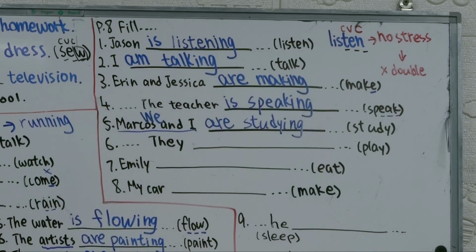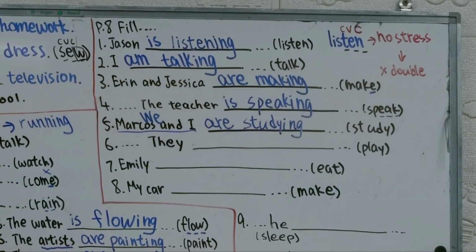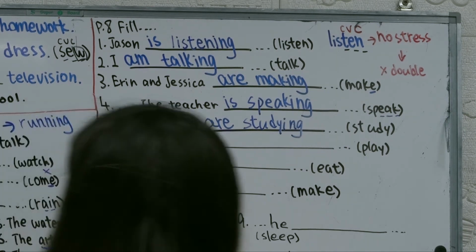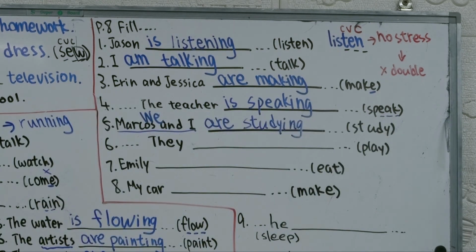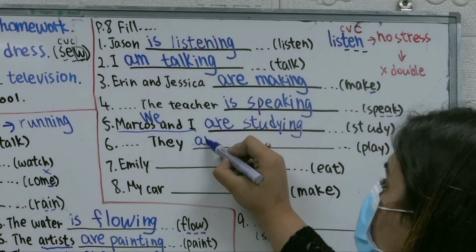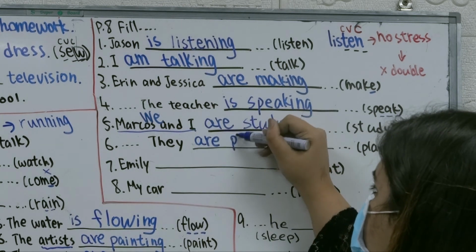Done, everybody? Let's check the answers. Number 6, it says, are Daniel and James playing football this year? No, they are playing.